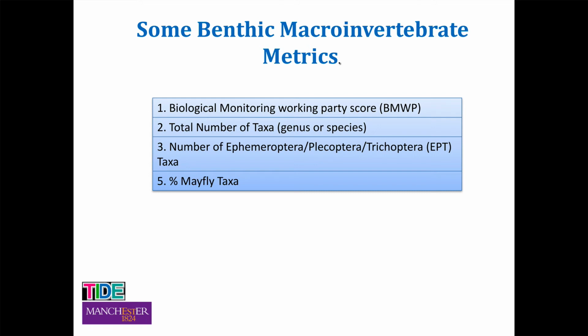So if you have a lot of these, then you know that you've got quite good quality water. The other one you can look at is the percent of the mayfly, which is the Ephemeroptera taxa, and look at that as a total number of your taxa, what percentage are mayflies. So there's a number of different metrics you can use.